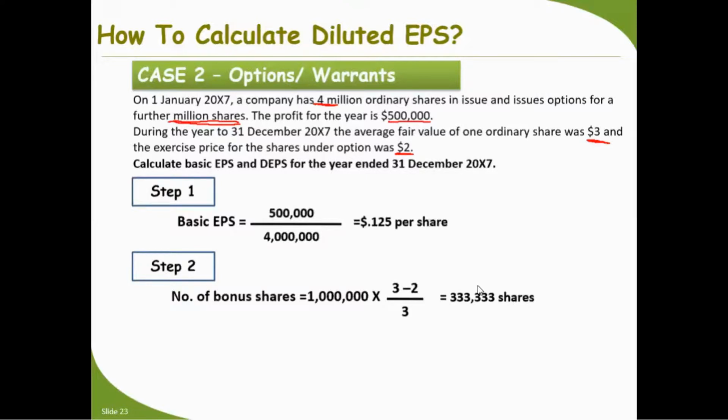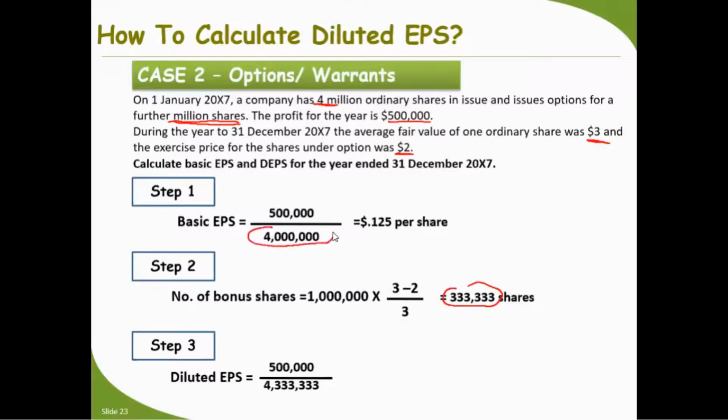So the bonus element is 333,333. This bonus element will be added to your weighted average number of shares to calculate diluted EPS. Diluted EPS is 500,000, your profit attributable to ordinary shareholders does not change, divided by 4.33333 million, because this figure we have added to the weighted average number of shares.